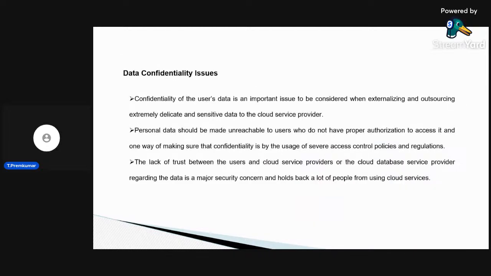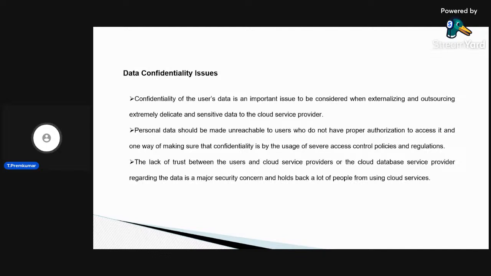Data confidentiality is an important issue to consider when externalizing and outsourcing extremely delicate and sensitive data to cloud service providers.